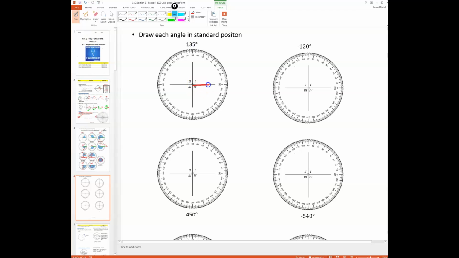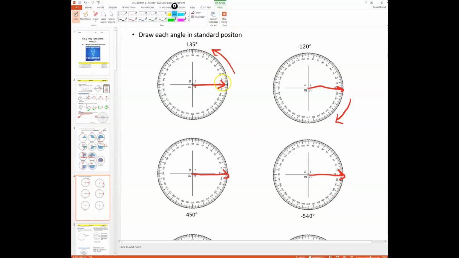So all of these angles are going to be starting off to the right. That's where our 0 is when we're measuring angles. If it's a positive angle, it's going to be opening up counterclockwise. If it's a negative angle, it's going to be opening up clockwise.